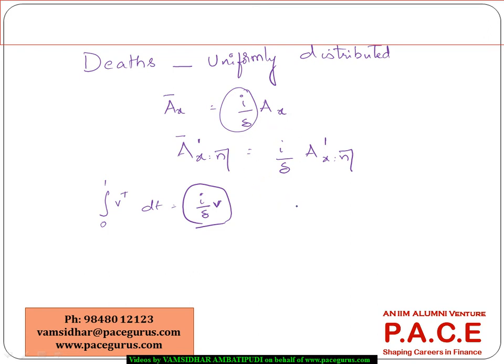If I am talking about the claim acceleration mechanism, it's better that I put the relation (1+i) to the power of half times Ax is Ax bar. And when I am looking at deaths uniformly distributed between the integer ages, in that case I can take Ax bar as nothing but i/delta times Ax.